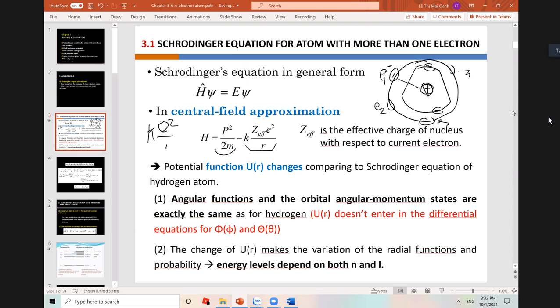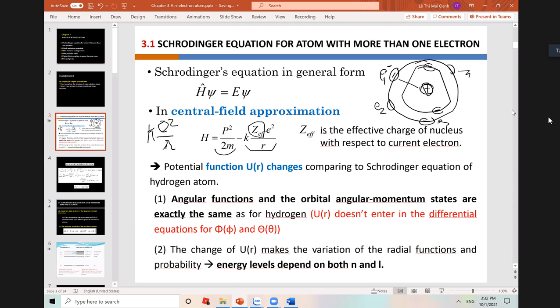However, here you can see there is an addition, the Z effective factor. In this case, Z effective is the effective charge of the nucleus with respect to the current electron.